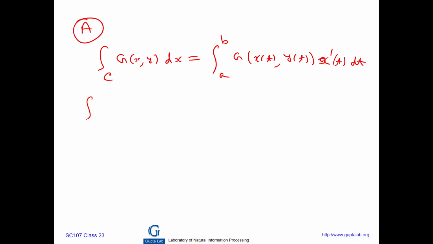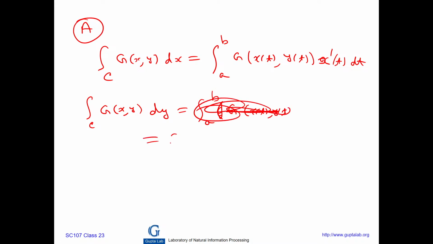Similarly, integration along C, g of x comma y dy is equal to integration a to b g of x(t) comma y(t) times y prime of t dt.